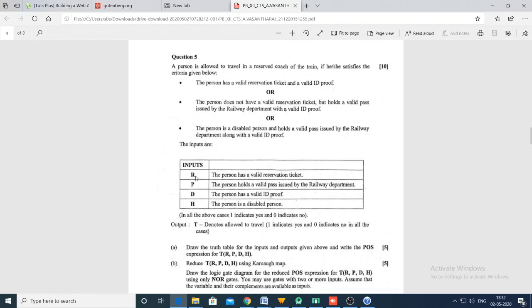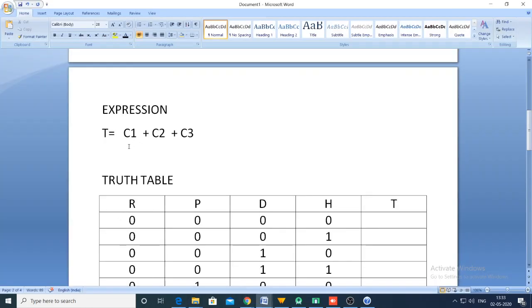If R and D are fulfilled, the first condition will be true. So the first condition expression is R into D.